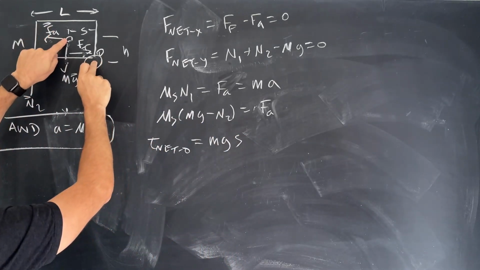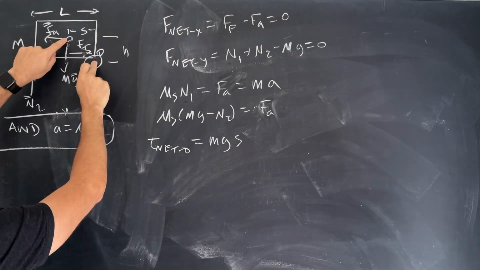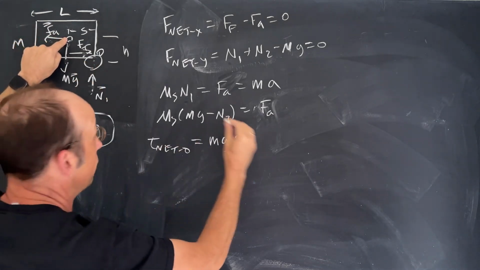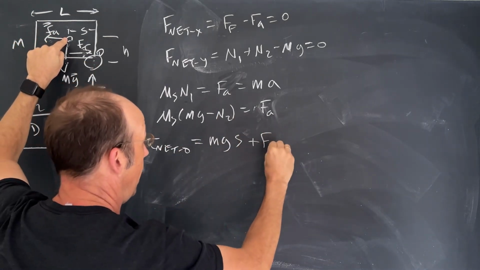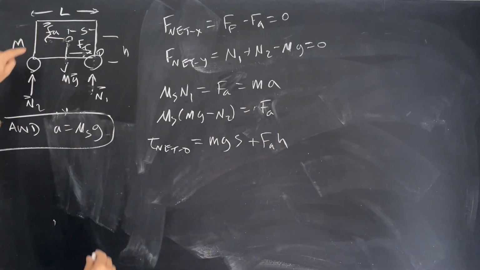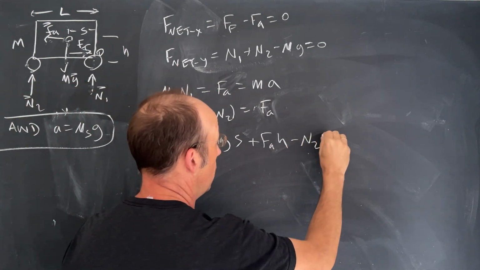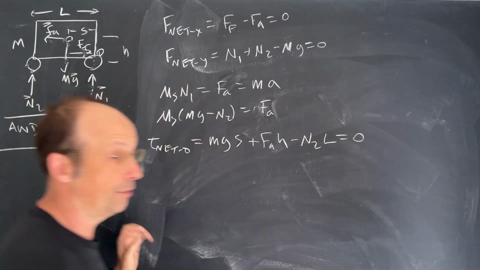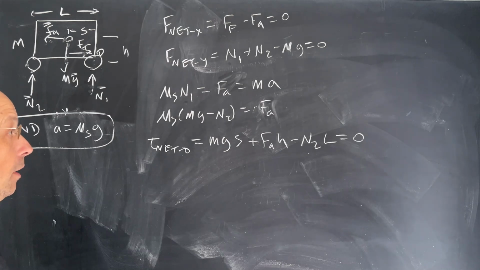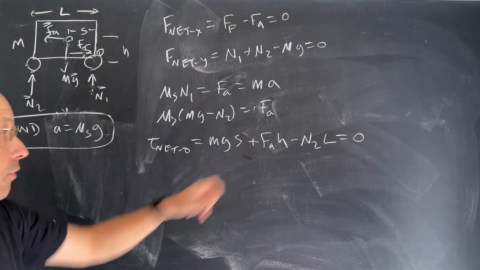The fake frictional force, and we did this already, the fake frictional force is going to be Fa, it's going to be also positive, plus Fa times h. And then the normal force N2 here is going to make a torque of minus N2 L. And that's going to be equal to 0 because it's in rotational equilibrium. So let's solve this for N2.